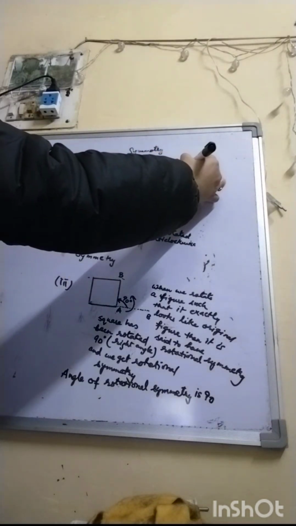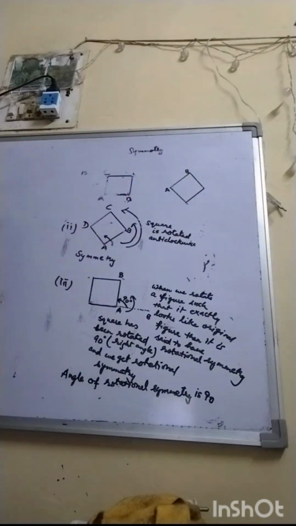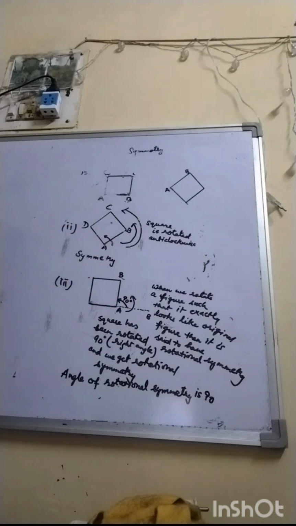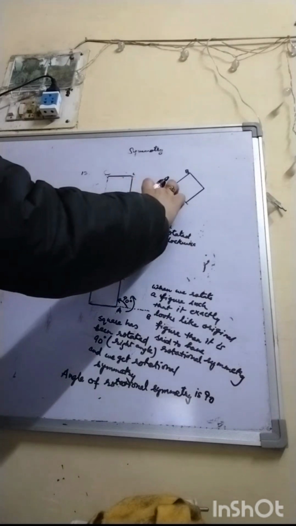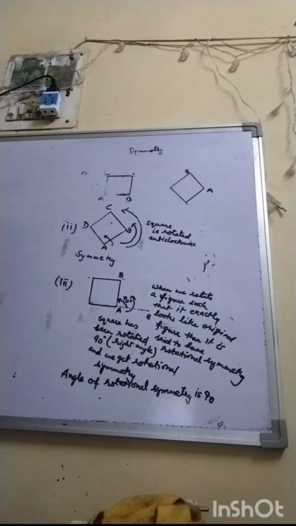Now this is A and this is B, or you can say this is A and this is B. I have rotated it like this.